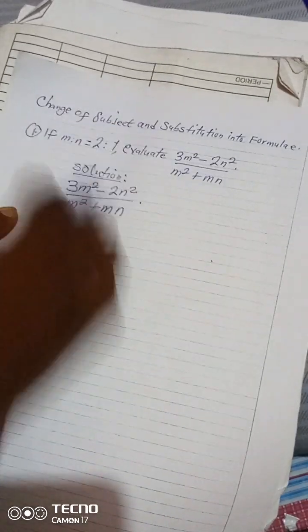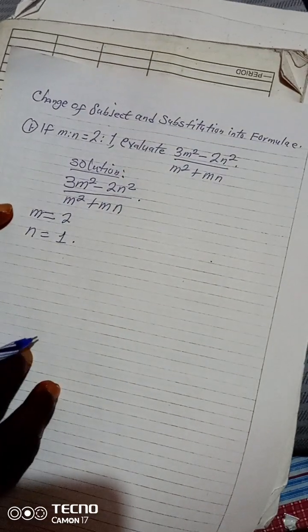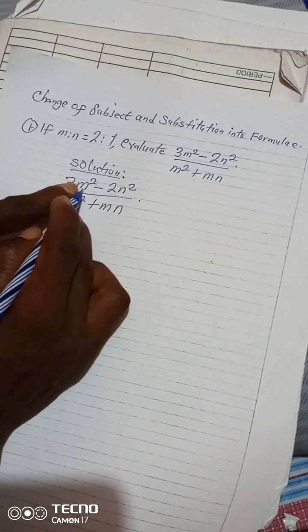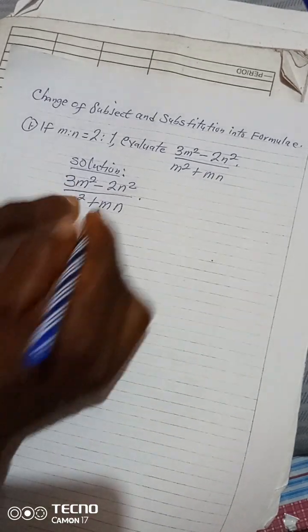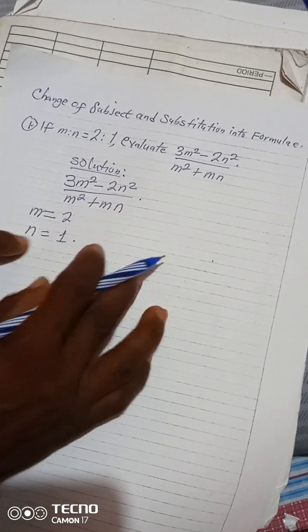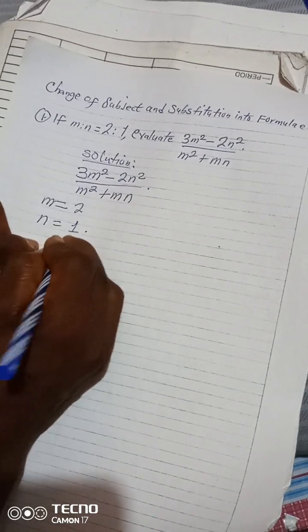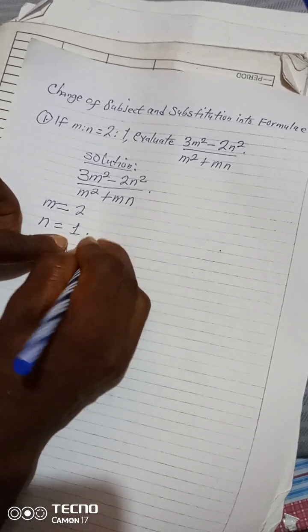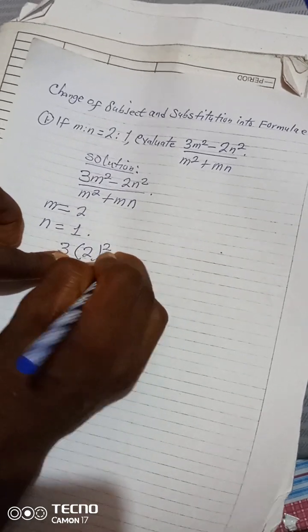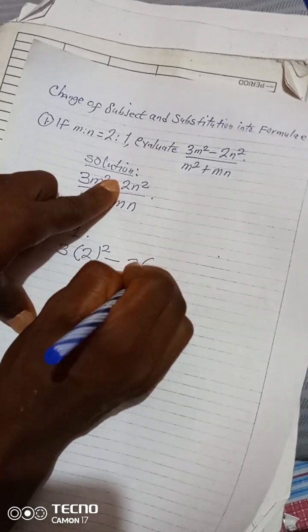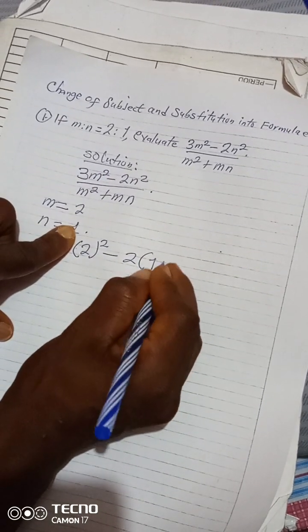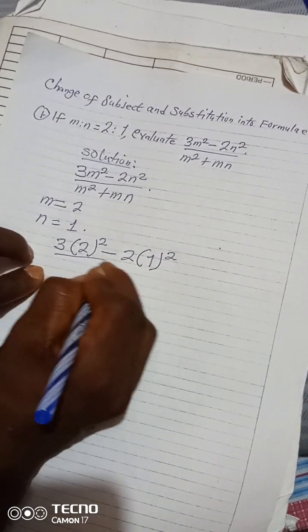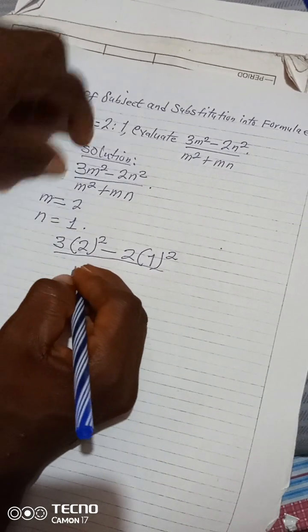So the entire problem is centered around substitution into formula. So that is the value for m, we're going to put it in place of m, and the value for n, we're going to substitute that in place of n. So now our equation becomes 3 parenthesis open 2 in place of m square minus 2 parenthesis open 1 square, put a 1 in place of n, divide by m, and m is 2, right?